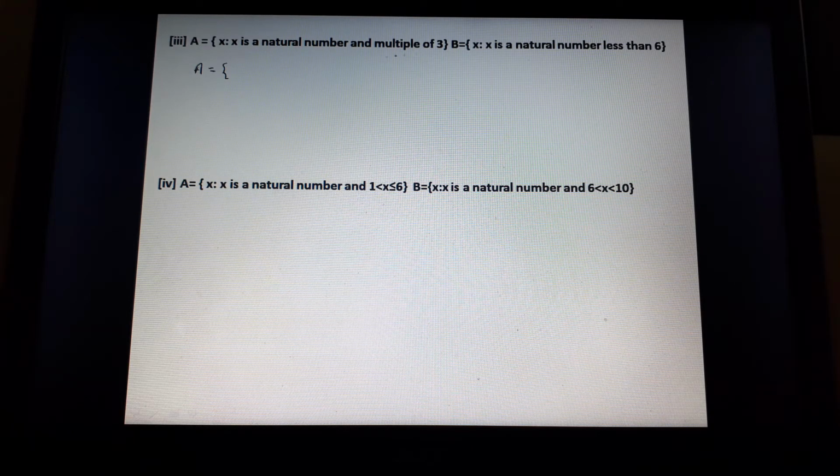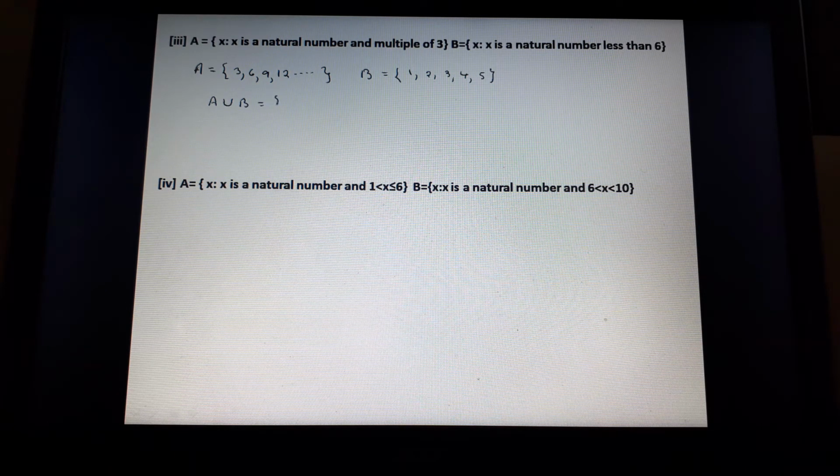Multiple of 3, that means 3, 6, 9, then 12, etc. Remember, it is an infinite set. Same way, B is x is a natural number less than 6, so I have to write 1, 2, 3, 4 and 5. Therefore now union, so A union B.